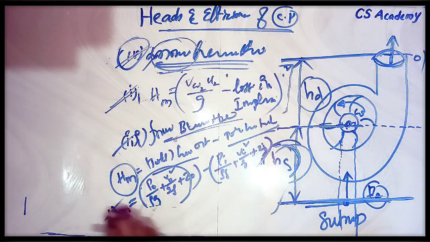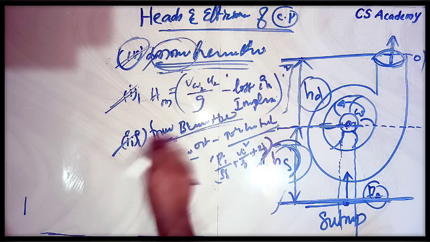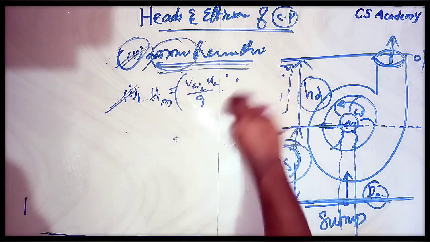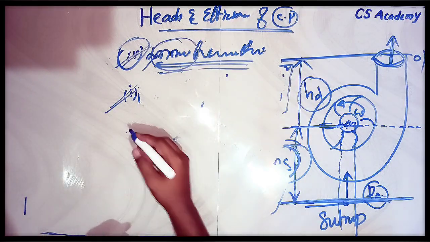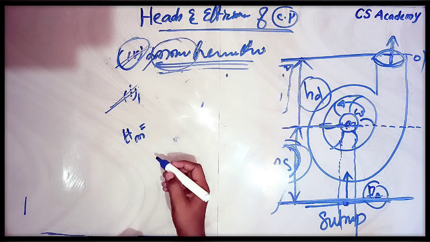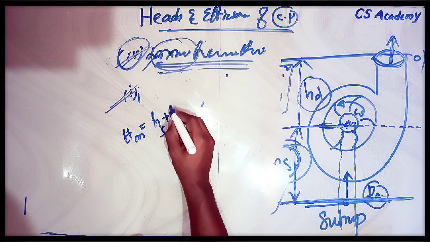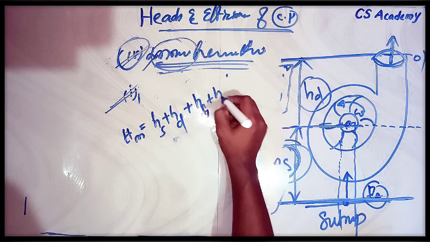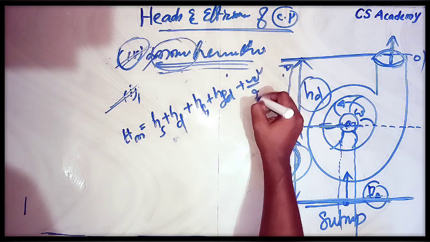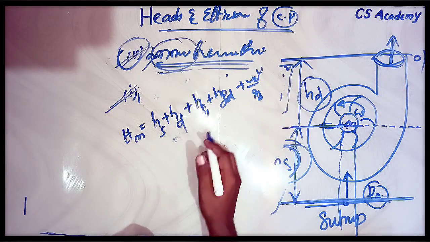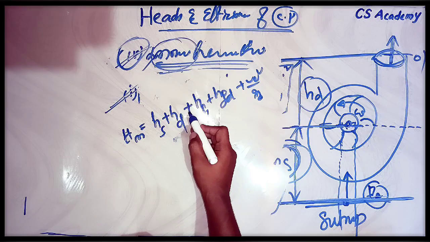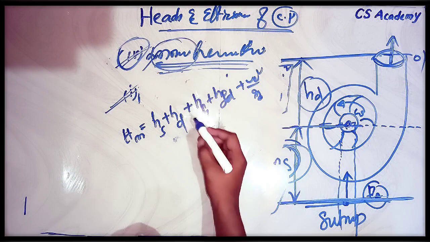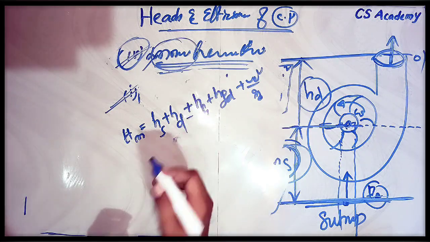Now there is one question here. Many students are getting confused during the calculation of the manometric head, that is the first type, Hm is equal to Hs plus Hd plus Hfs plus Hfd plus Vd square by 2g. Many students are confused whether we have to add these losses or subtract them.